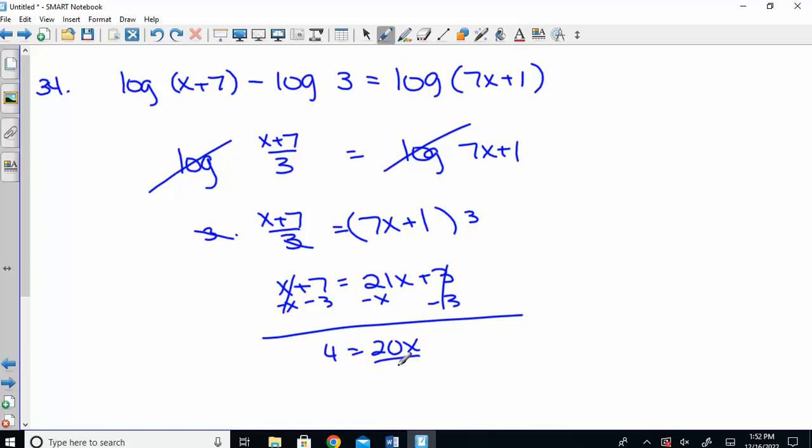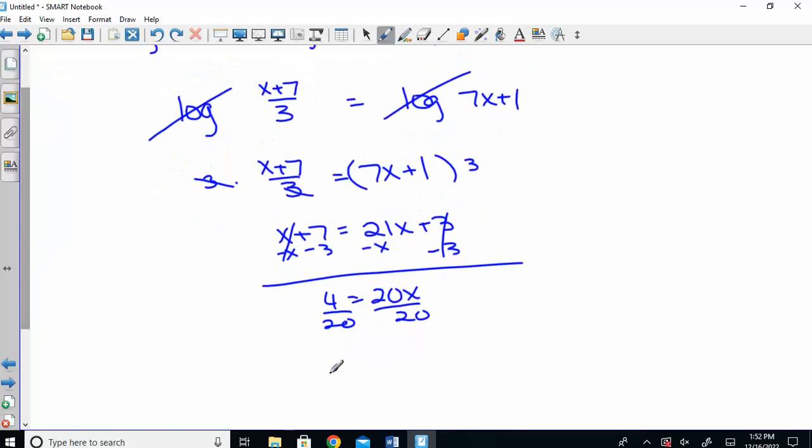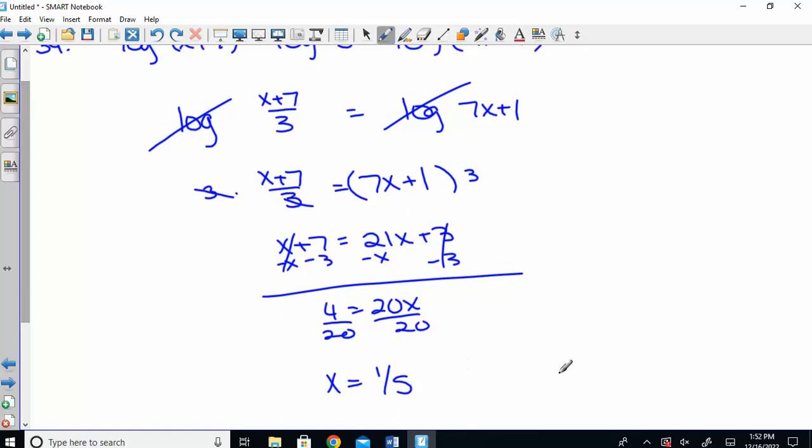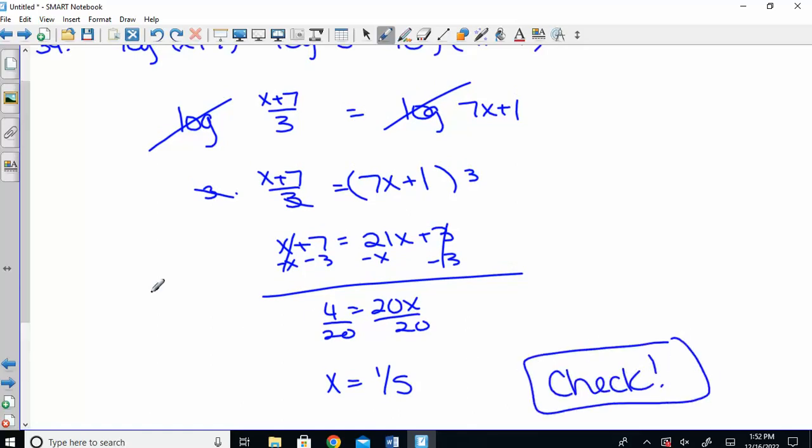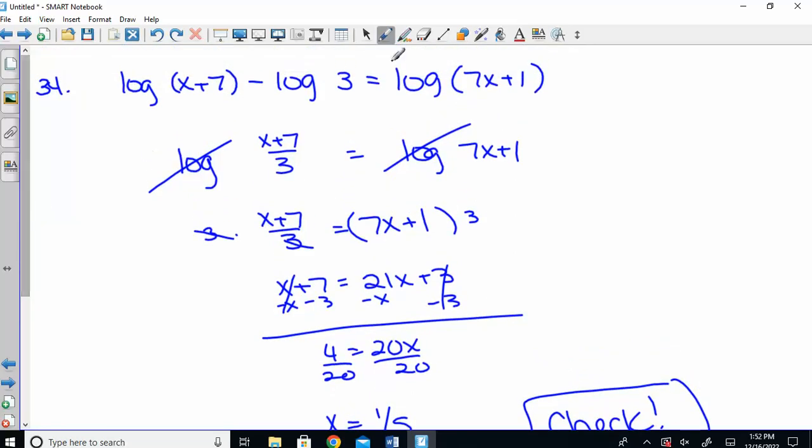Subtract the x over, subtract my 3 over, divide by 20, and x is 1/5. Make sure on these log problems you are checking your answer. What has to be true on the log problems? Yeah, this argument has to be positive, so make sure that when you plug it back in, those numbers are positive.